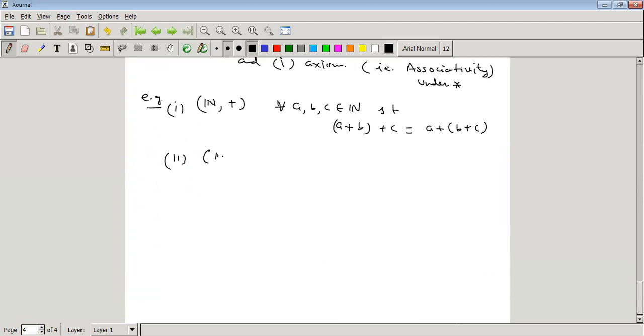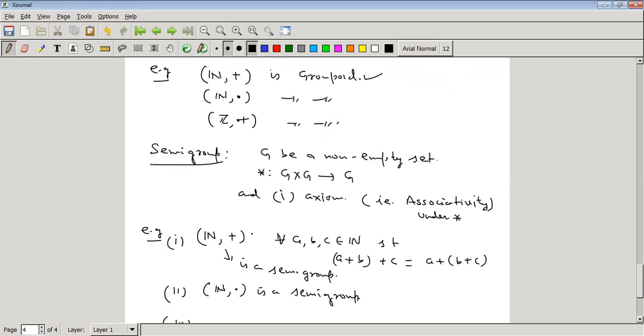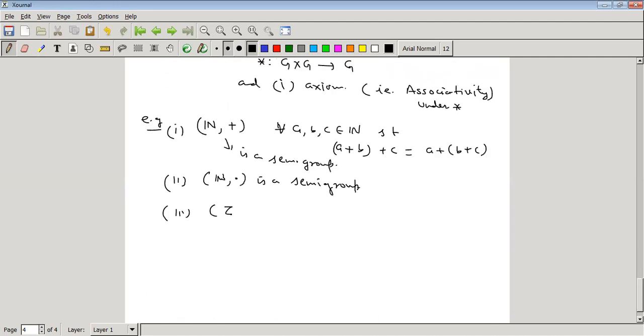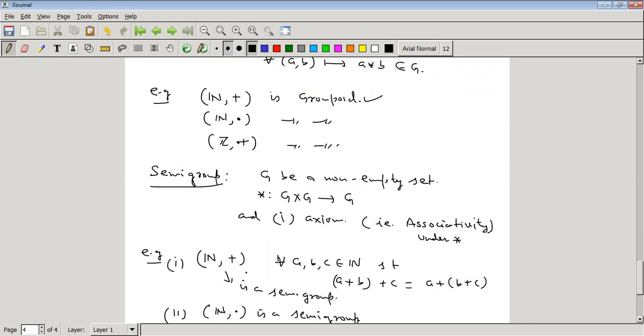Set of natural numbers with multiplication. So N under addition is a semi-group. Similarly, think about this, this is also a semi-group. Now the third one, think about Z with addition and Z with multiplication.